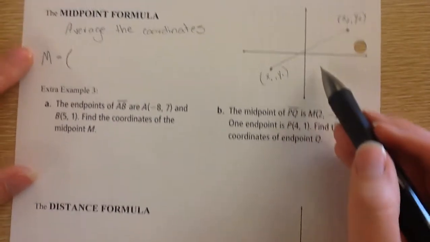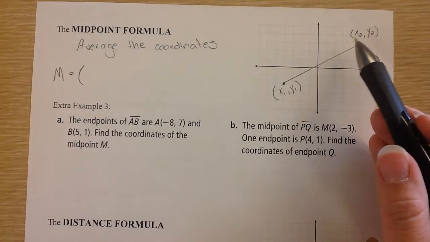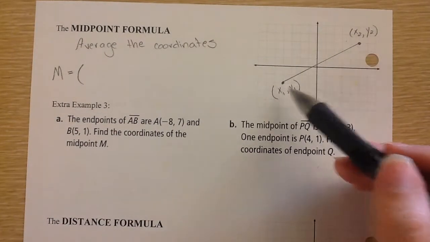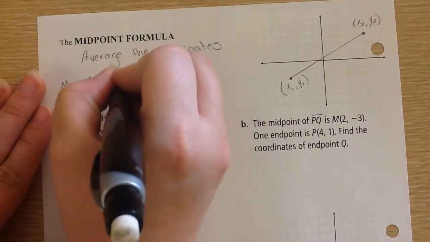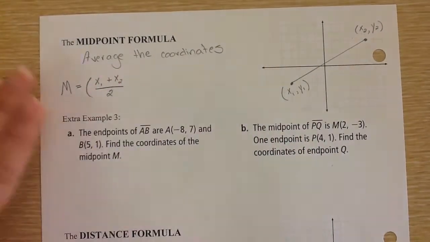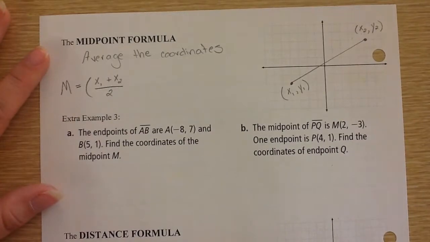So I have 2 x's. To average two numbers, you add however many numbers you have and divide by however many numbers you have. So here I have 2 x's, so I'm going to add x1 and x2, and then divide that by 2. That gives me the x coordinate of my midpoint.